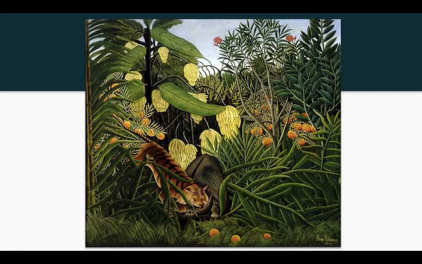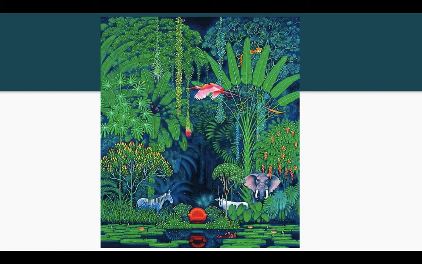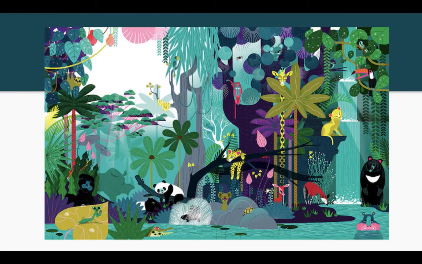So we're going to create, again, just an absolute fantasy of a jungle. And I want you to know that you don't have to use any sort of scientific basis. So animals that don't exist together are welcome to be in the same jungle. Animals that don't exist are welcome to be in your jungle. This is an illustration by a contemporary artist, again, who you can see is inspired by Henri Rousseau.